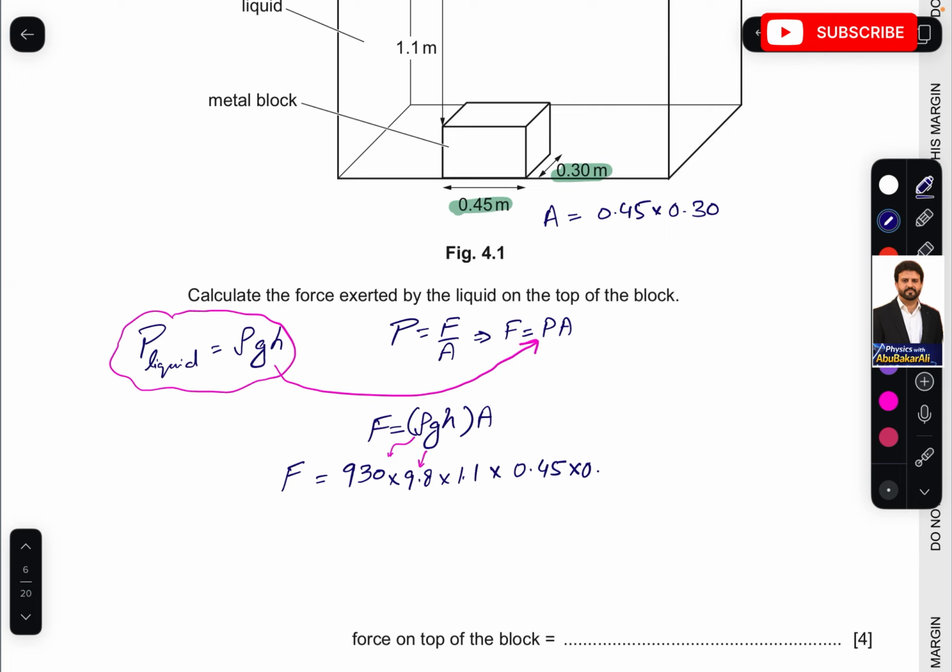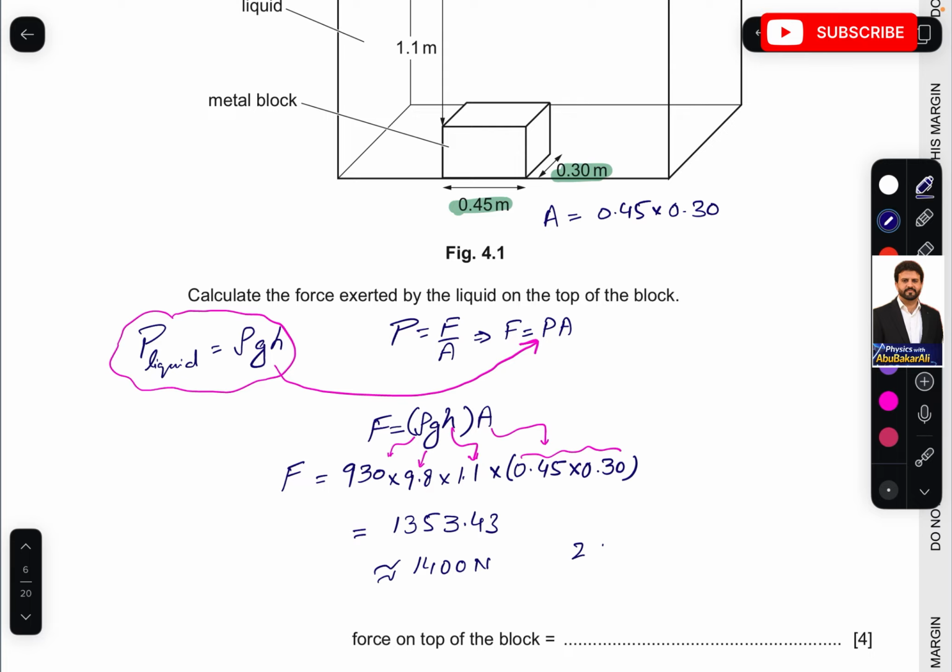That is the area, and these are the values of the area. Okay. So now let's do the calculation. I will get 1353.43. And when rounding it off to 2 SF, it will give me 1400 Newton.